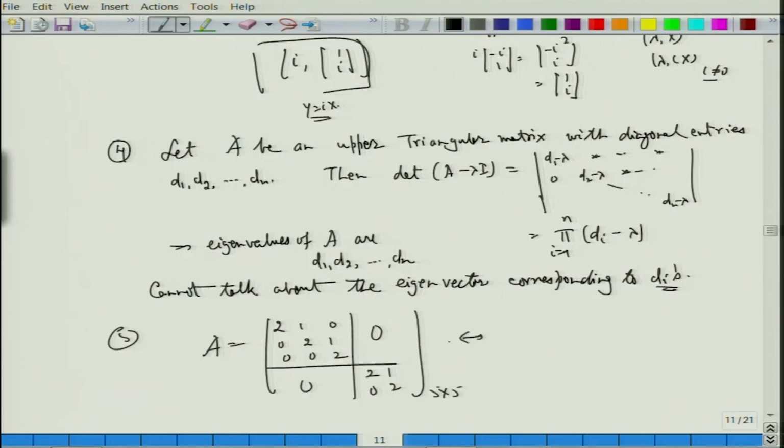It is an upper triangular matrix with all its eigenvalues equal to 2. Try to find the eigenvectors, so that you have better clarity of what I am trying to say, and of the issues that come into play. Fine, that's very important for us.